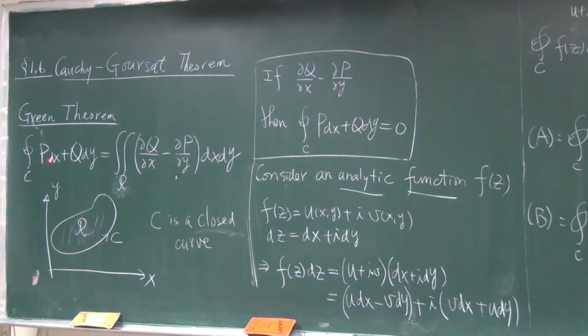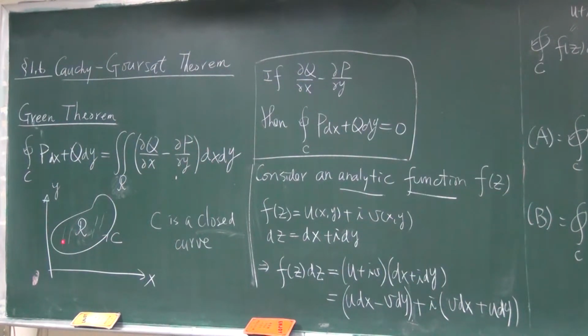P dx plus Q dy integrates along a curve, but now we can change it to the integration on a two-dimensional plane, which is just R. We change the integration along the curve to the integration inside the curve. This is the integration for the area bit by bit.